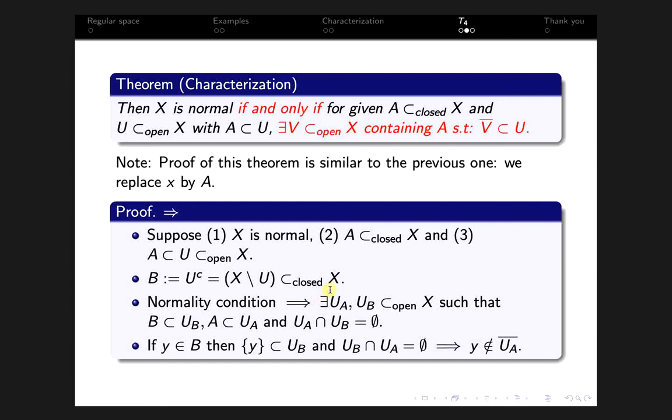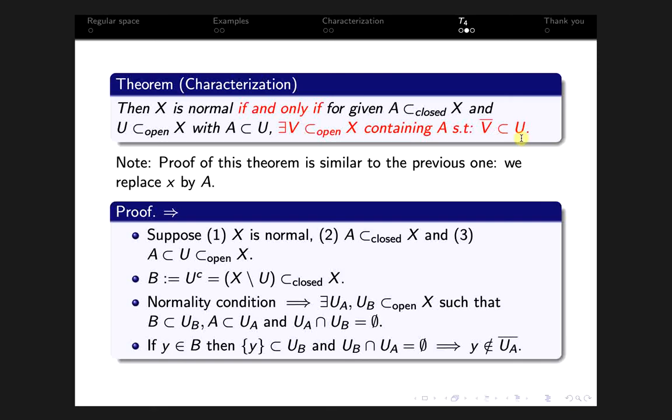It says that X is normal if and only if for every closed subset A in X and U open subset of X containing A, there exists another open set V containing A such that V closure is contained in U. As I said, we consider X a T1 space, so every singleton set is closed. This is our implicit assumption.